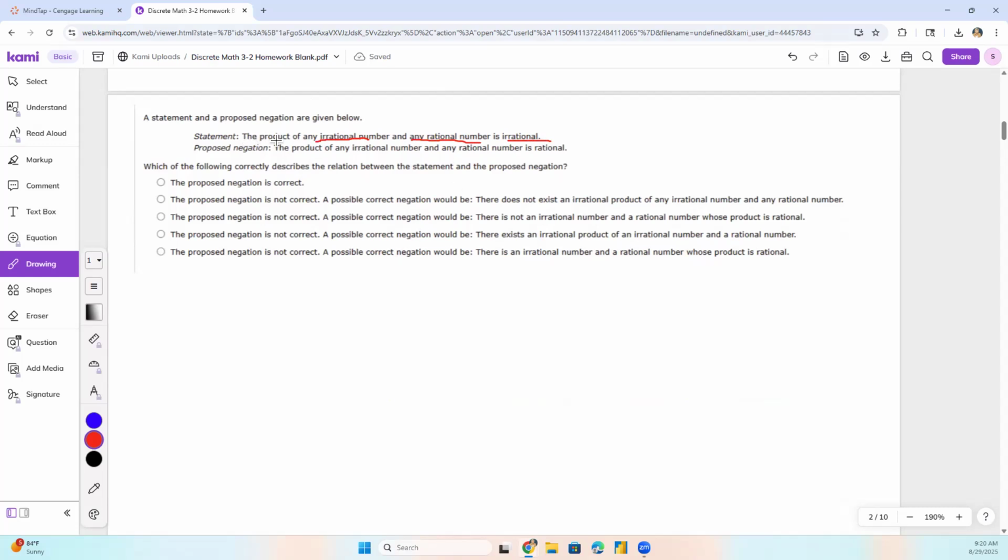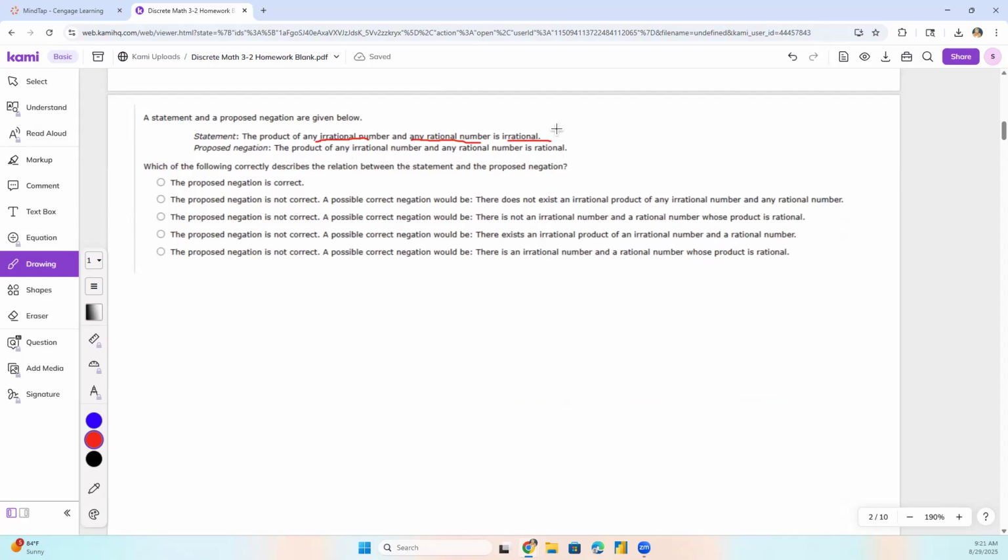This is talking about all cases. For the proposed negation, they said "the product of any irrational number and any rational number is rational."